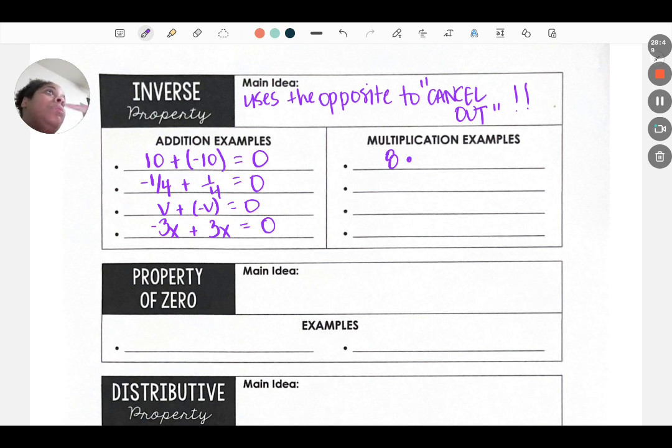What can we do to get rid of 8? You can't multiply it by negative 8 because that's just going to give us a bigger number. What's the opposite or the inverse of multiplication? Hopefully you said division, right? Multiplication makes numbers bigger. Dividing makes numbers smaller.